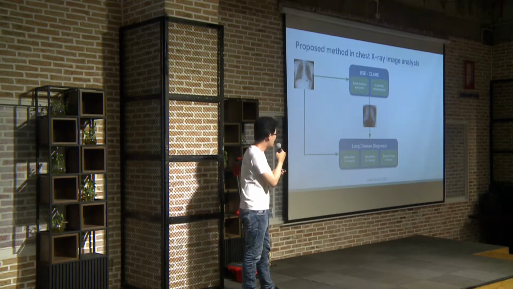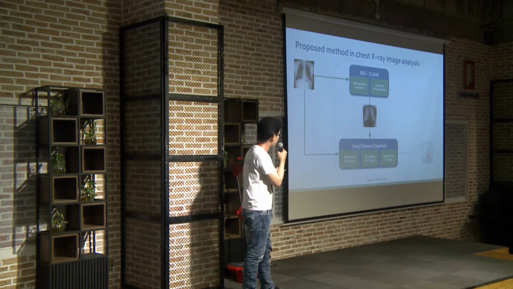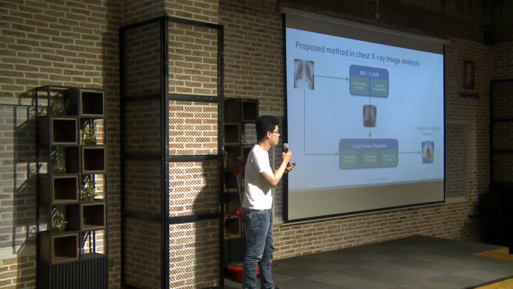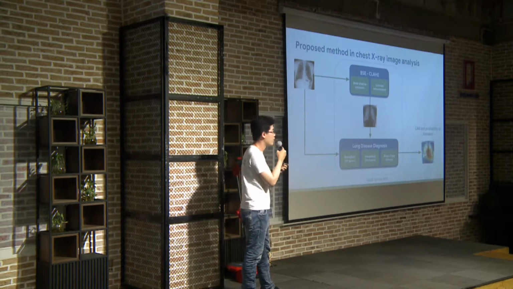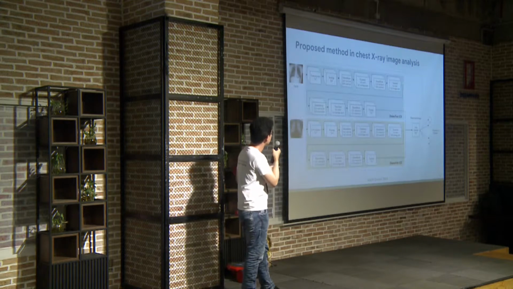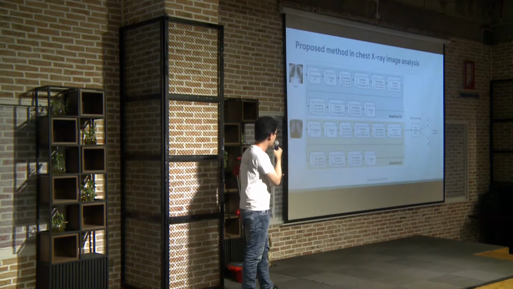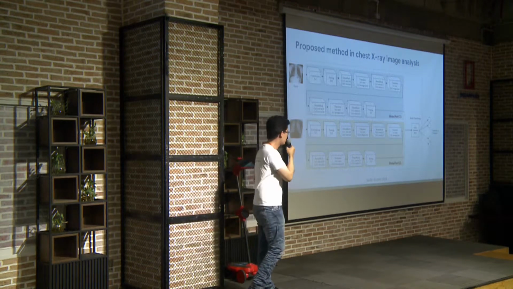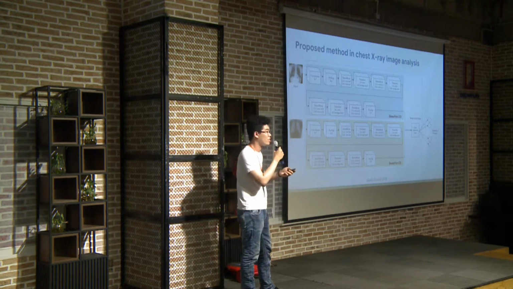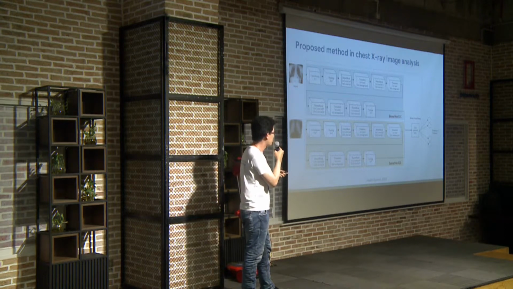So we have two DenseNets, and the output is the probability of disease and also the heat map that the doctor can use. This is a detail of our model containing two DenseNets, and the last layers are concatenated to a fully connected layer giving the probability.